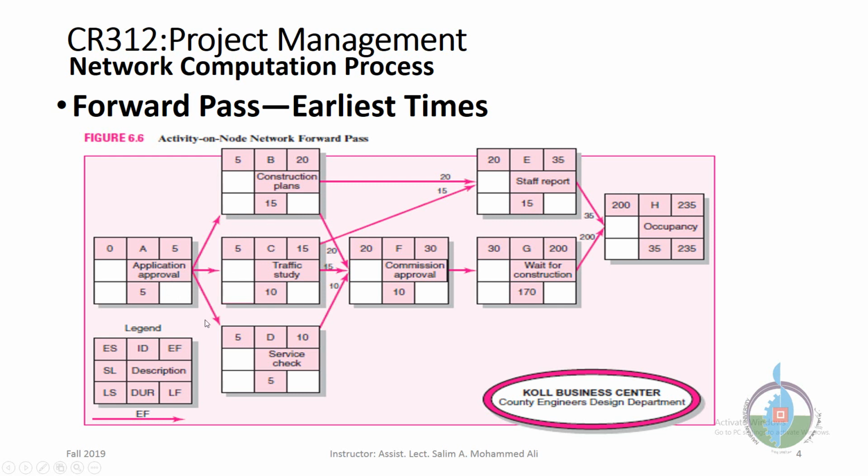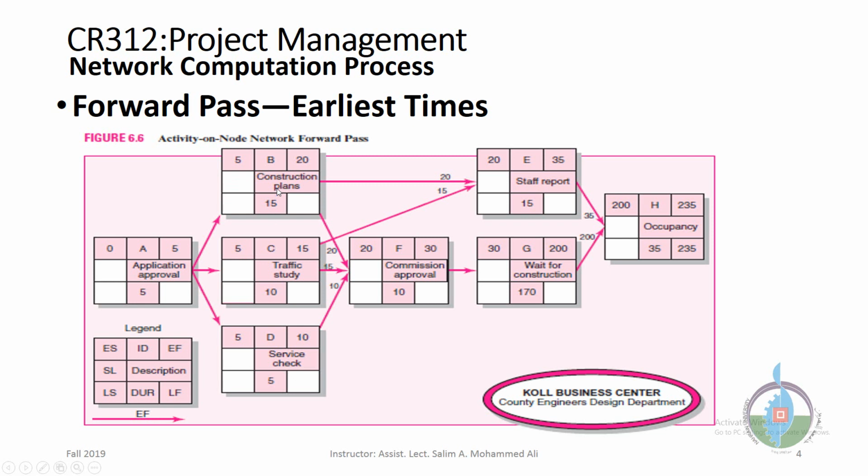Because the early finish of A is 5, all early starts of the following parallel activities should be 5. This means that whenever an arrow comes from an activity to another activity, its early finish will be copied to its early start. 5, 5, 5 here is also 5. Here is also 5. Okay.